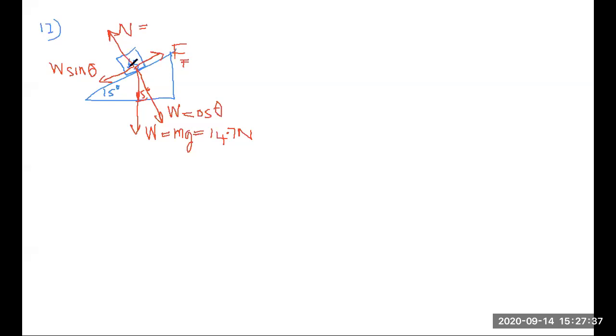The normal force, which is stopping the mass from crashing through the incline, precisely balances that component of gravity into the incline, precisely counteracts W cosine theta. So it has the same magnitude, opposite direction. That's really what determines the strength of the normal force on the incline.